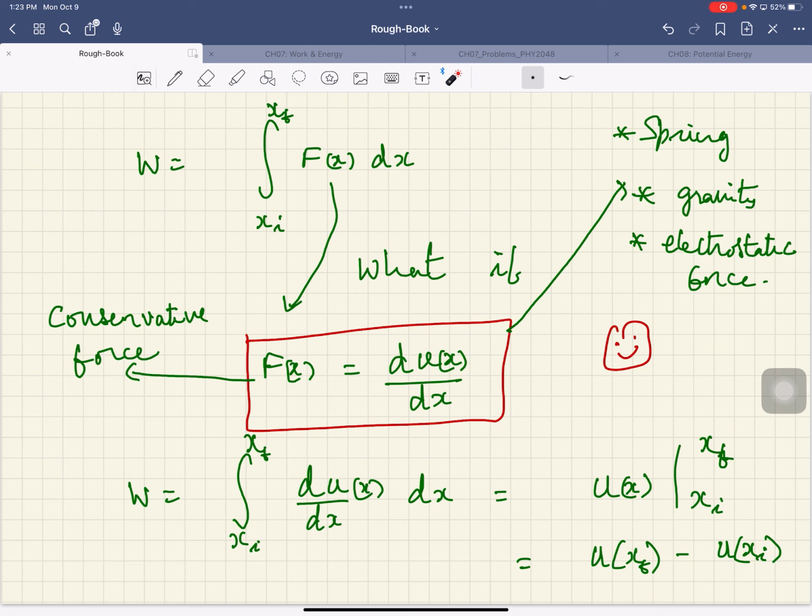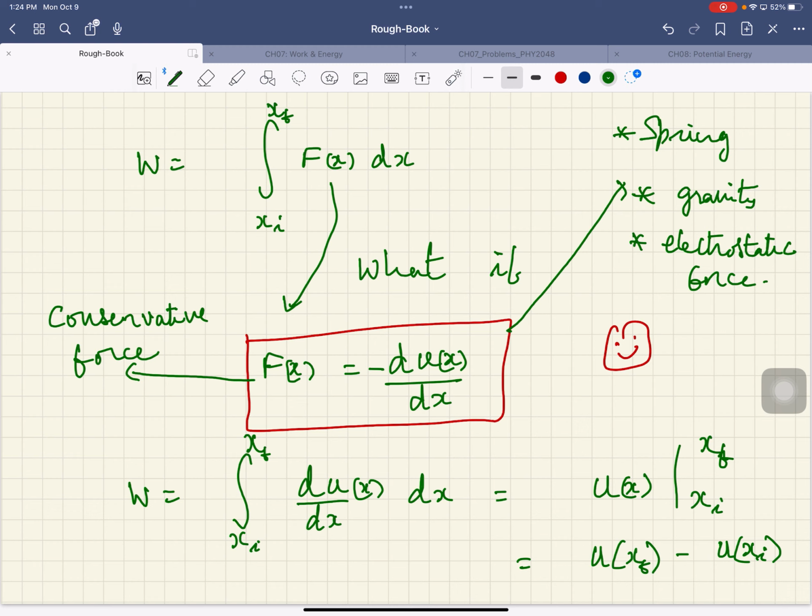So what is the great thing about these? This entire chapter is dedicated to these three forces. These forces can be represented as the derivative of a scalar function. I'm doing it in one dimension. We'll generalize this to three dimensions at the end of the chapter. Now, for convenience, we'll introduce a minus sign.